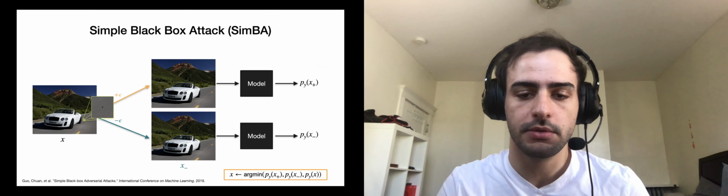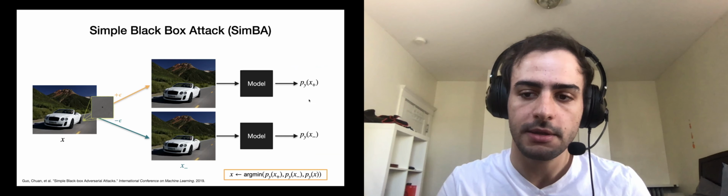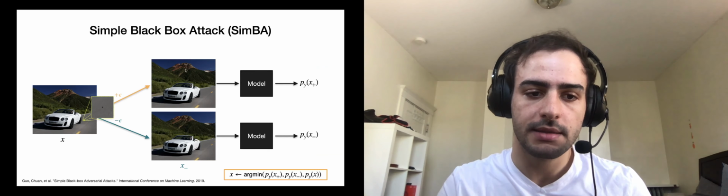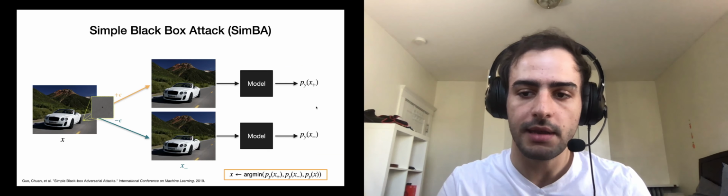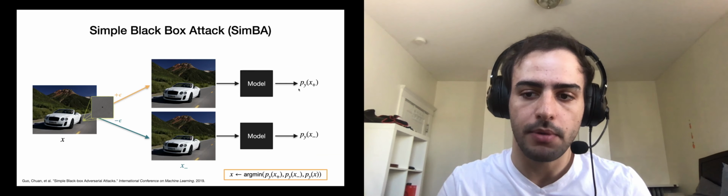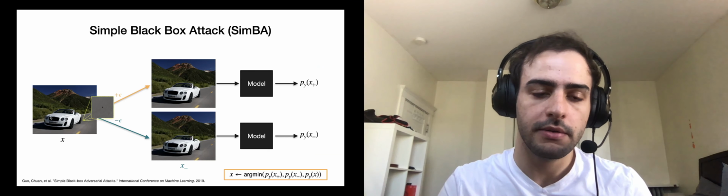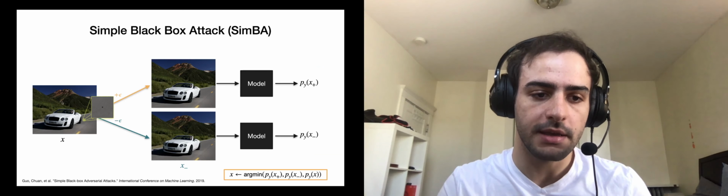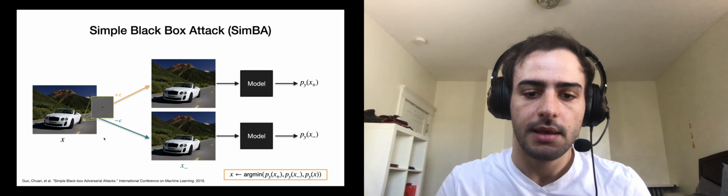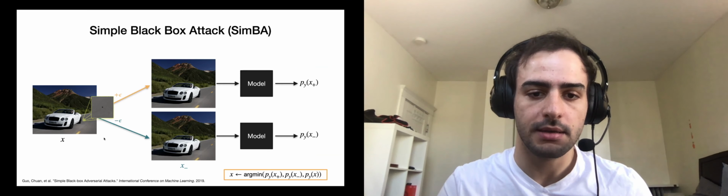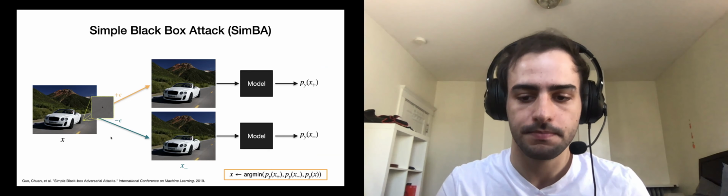We pass all of these through the classification model and we get the probabilities for the correct class Y. And we're just going to select the one of these three that has the lowest probability for the correct class Y. That way we iteratively modify each pixel in the image, and basically the output classification confidence for this class is going to decrease.